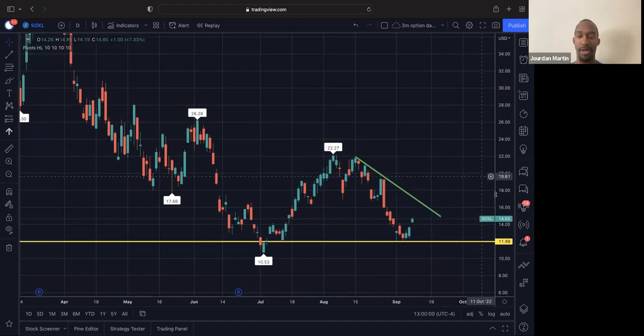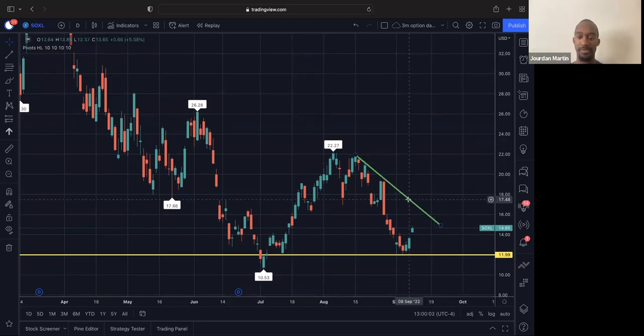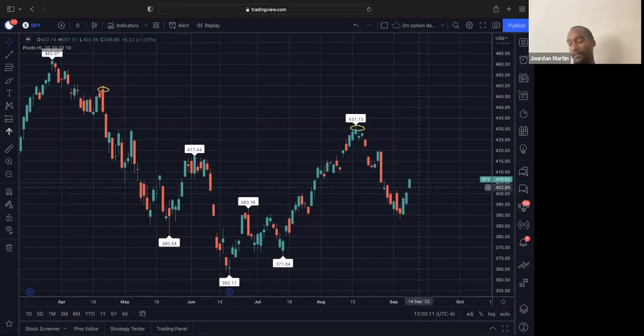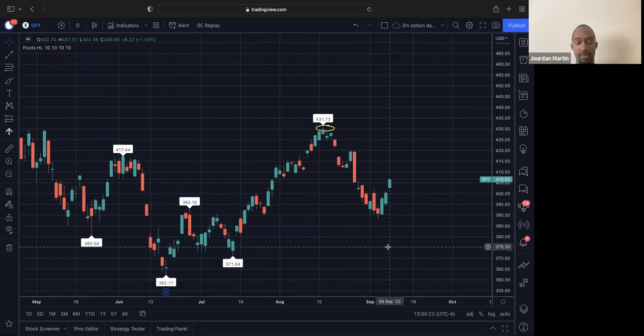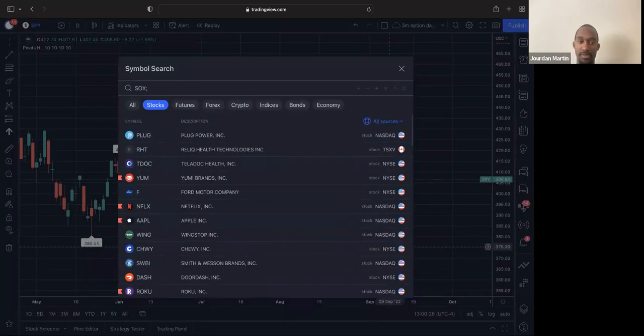So because SPY moved up heavily, SPXL did the same. SPXL went up 7.33%. SPY went up 1.55%, 1.55 times 3. Oh, that's 4.65. So that one did even better. That's beautiful. I like it. But that's what SPXL is.